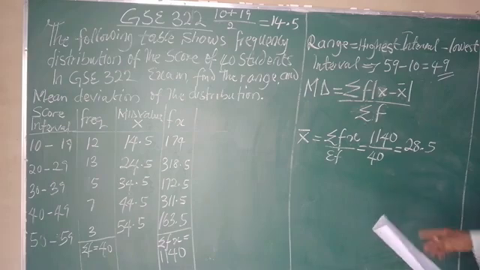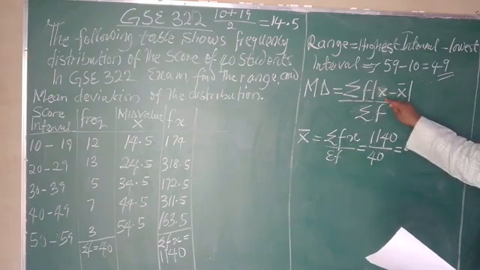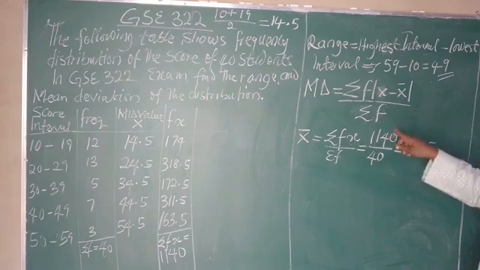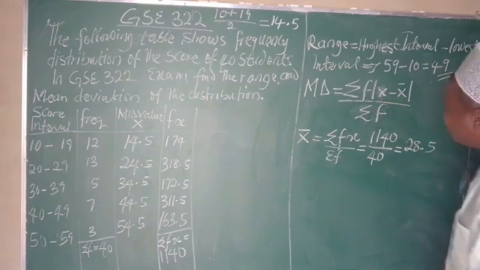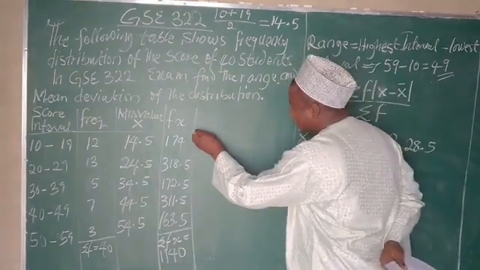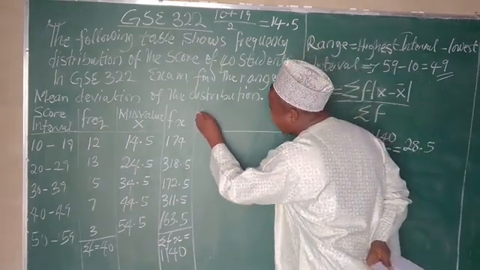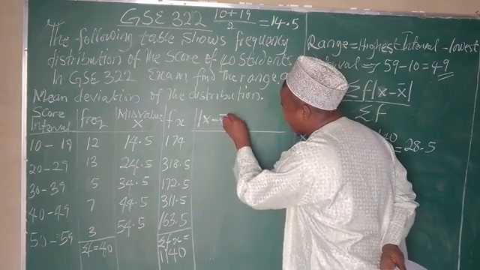So having gotten our mean, we should find the deviation. What is the deviation? The deviation is x minus x bar. Then we should come to the table here, extend it, and have the column for the absolute value of x minus x bar.